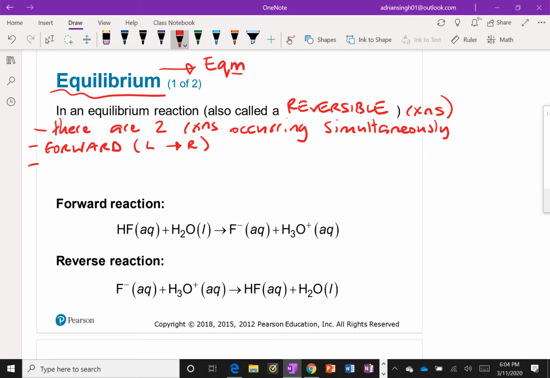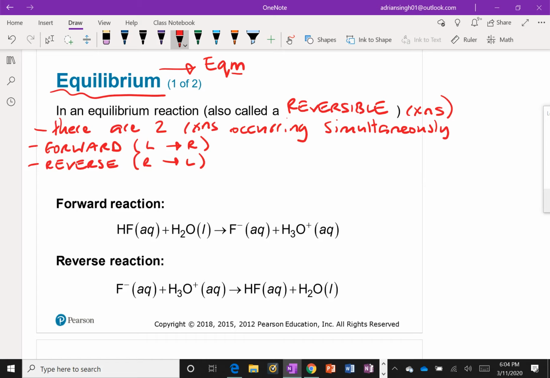And we also have the opposite of that, which is the reverse reaction, which goes from right to left. So normally when we write a reaction, we go left to right. What we're saying for a reversible reaction is that we also have the opposite happening simultaneously.